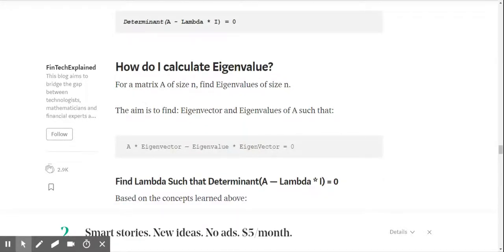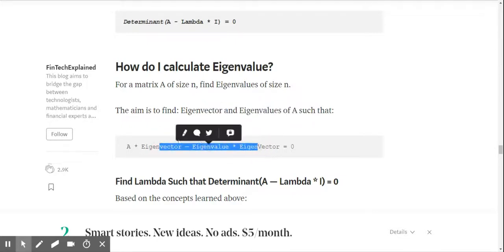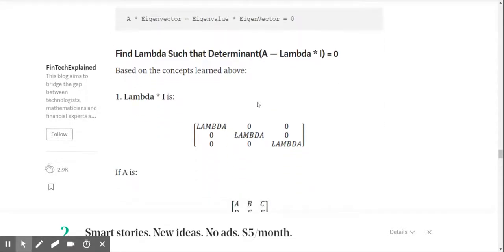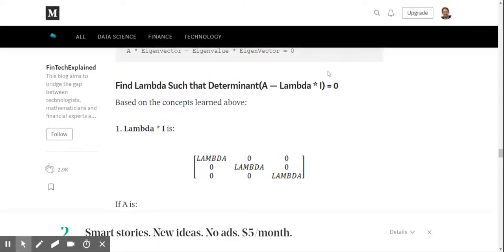So how to calculate the eigenvalues for a matrix A of size n: find eigenvalues of size n. The aim is to find eigenvectors and eigenvalues of A such that A times eigenvector minus eigenvalue times eigenvector equals 0. Find lambda such that the determinant of A minus lambda times the identity equals 0.